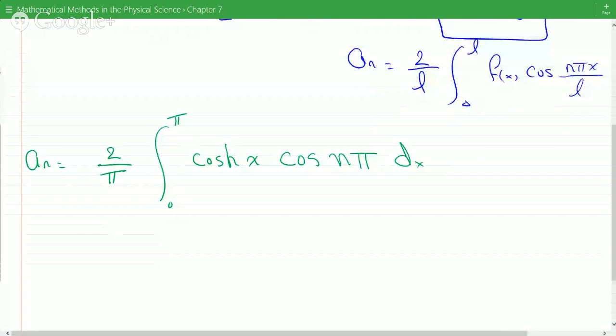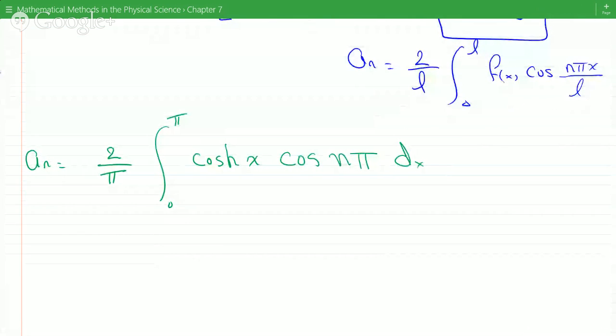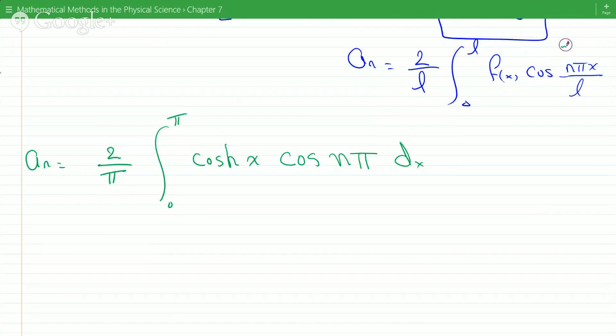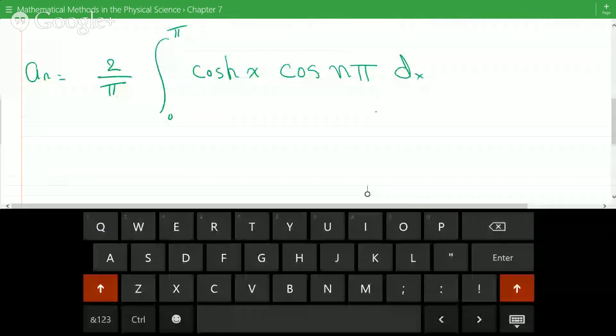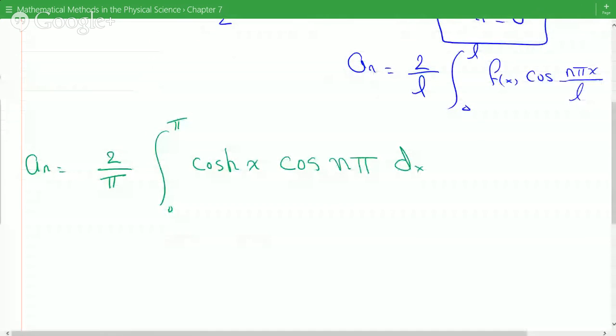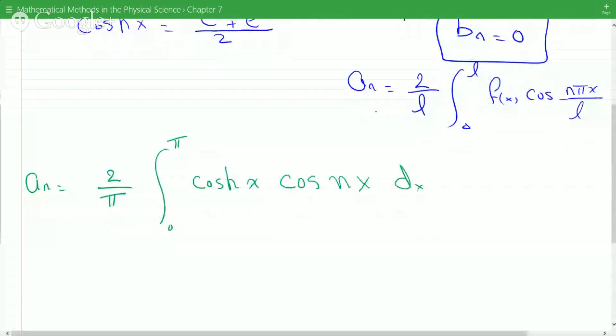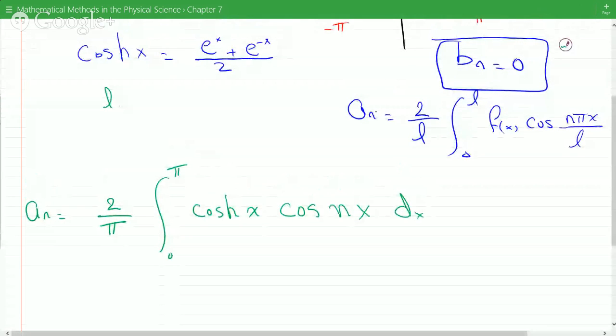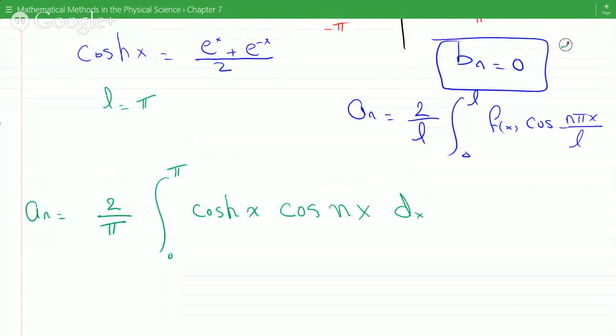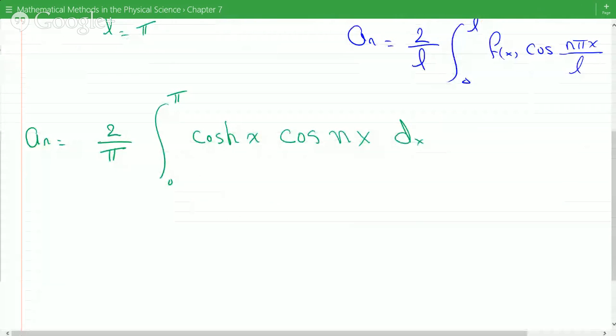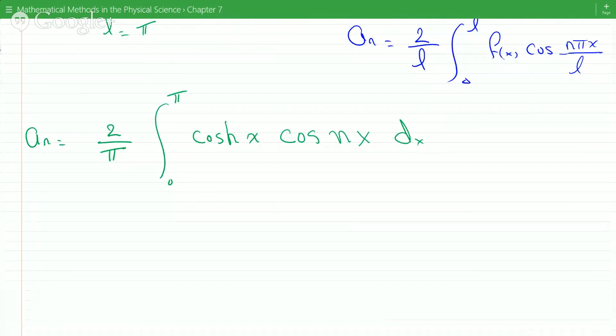And we're going to do an integration by parts on this one. Wait, where did the pi cancel? Oops, this is an x, not a pi. Here, n pi x over L, and L is pi. Yeah, I got that. So here you have two integrations by parts, and you'll be done.